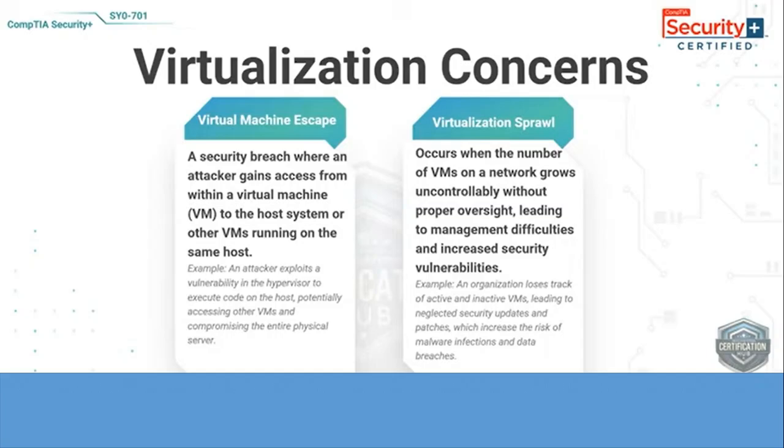That is when the number of VMs on a network grows uncontrollably without proper oversight, leading to management difficulties and increased security vulnerabilities. For example, an organization loses track of active and inactive VMs, leading to neglected security updates and patches, which increases the risk of malware infections and data breaches.